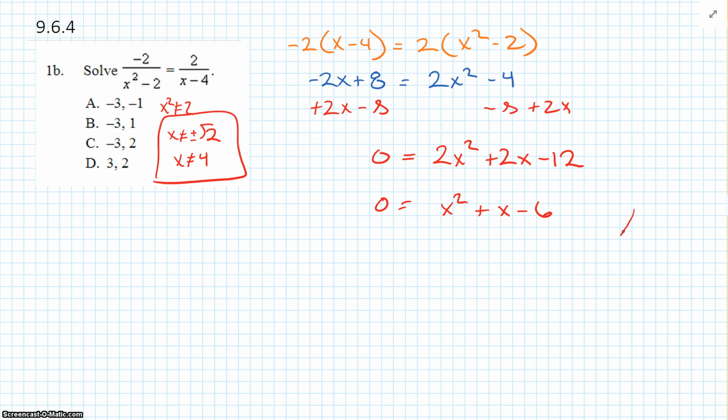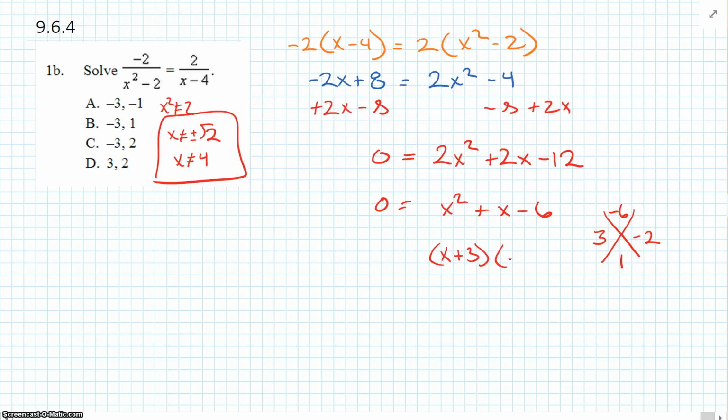Now we can x factor. A times c is negative 6. My b value is 1, so I need two numbers that have a product of negative 6 and a sum of 1. So 3 and negative 2 give me a product of negative 6 and a sum of 1. So I would have x plus 3 times x minus 2 equals 0.